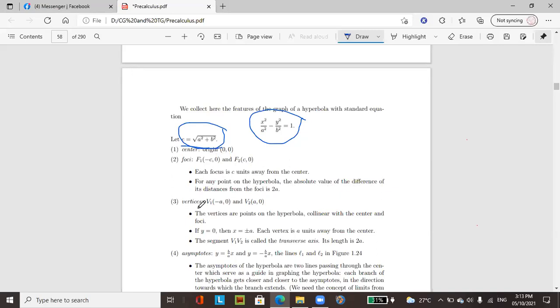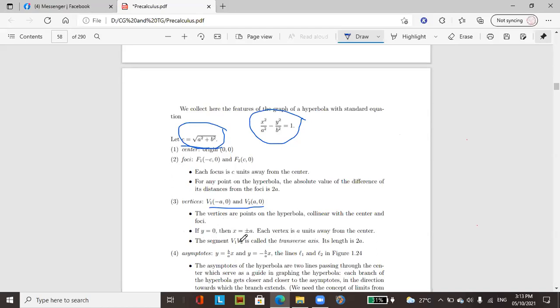And then let's have the vertices. So again, the distance from the center to the vertex is equal to a. So what are its coordinates? The vertices are points on the hyperbola collinear with the center and foci. Of course, the center, the foci and the vertices lie on one line.